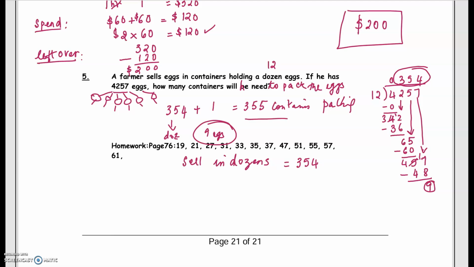If it's for packing, you're rounding up because you need another container for the remainder of the 9 eggs. They don't form a dozen, but you still have to pack them in a container that carries a dozen. But if you have to sell eggs in dozens, obviously you cannot sell this one, which contains 9 eggs only. So you can only sell 354 dozens or containers.